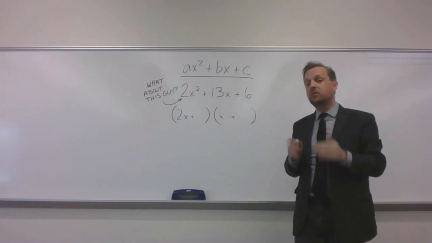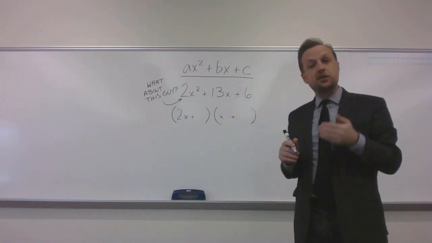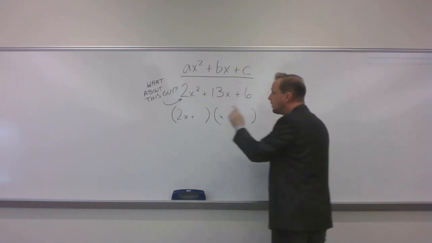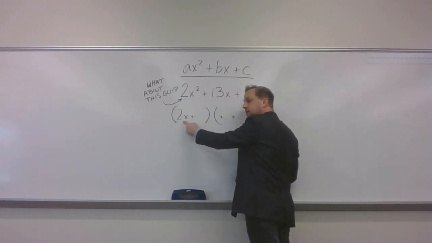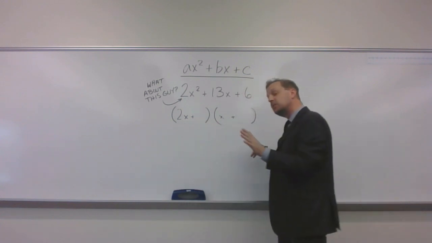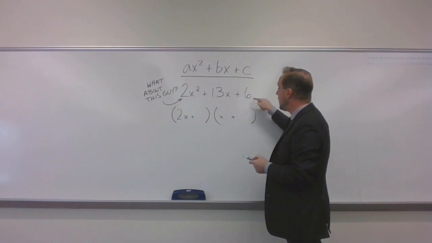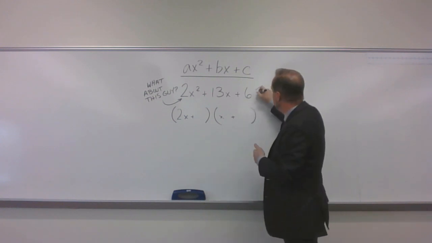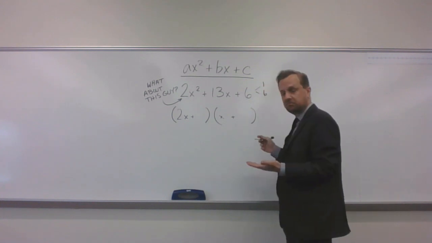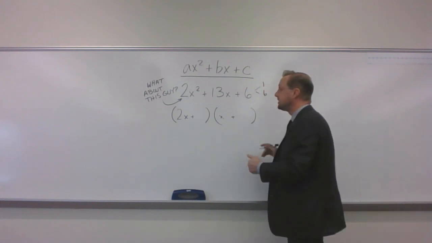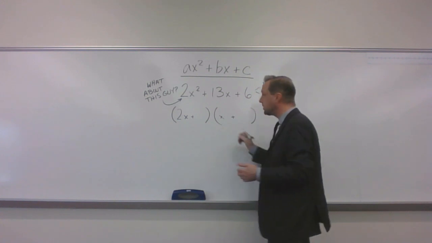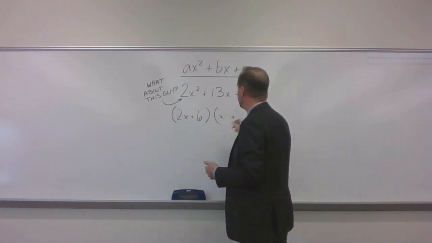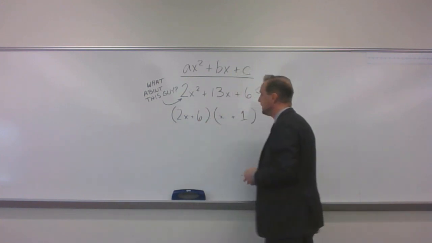The only real difference here is that we now have to take this 2 into account. So I'm going to make this one pretty easy for you. We know that 6 only has 2 factors, and that is 1 and 6. So you might think to yourself, well, it doesn't matter where I put them. All right, well, let's go ahead and do that. Let's put the 6 here and the 1 here.